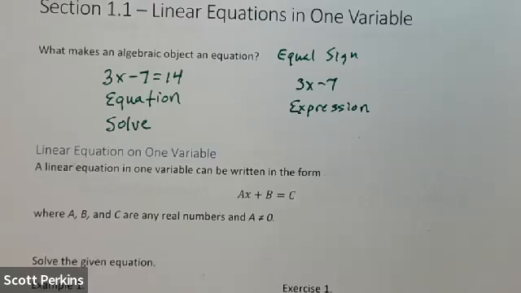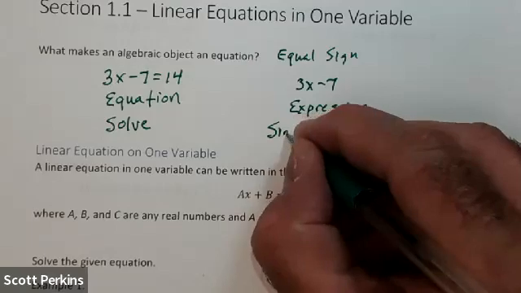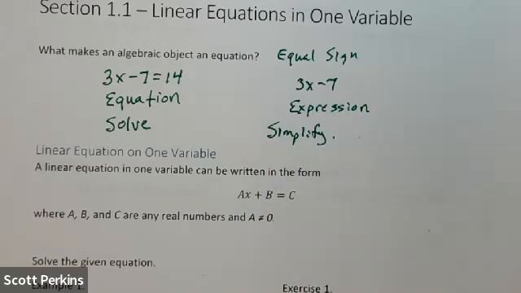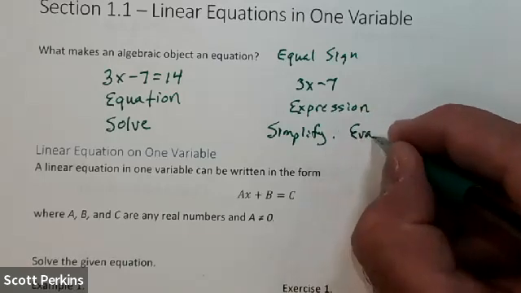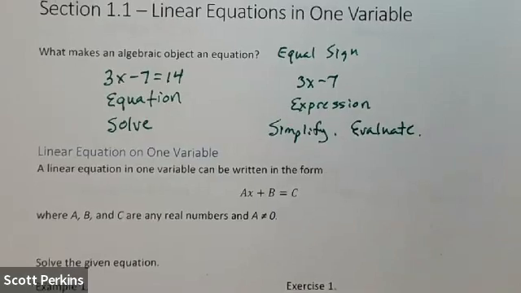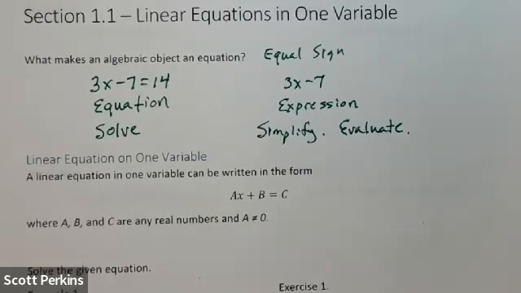Now, what we will learn to do is, depending on the type of expression, there might be a way that we can simplify it. We might be given a value and we can evaluate the expression. Evaluating is not the same thing as solving. Solving means that I am finding a value. If I evaluate something, I am given a value and I plug it in to see what the output is going to be. Okay, just trying to clue you into the differences.